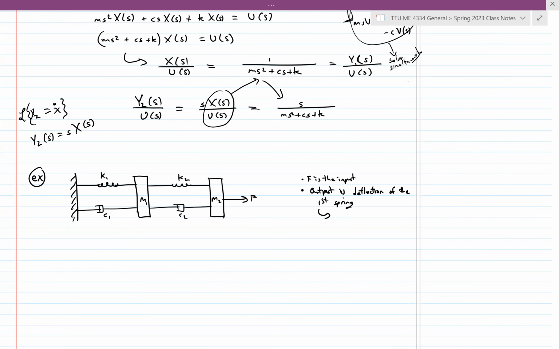But we will adjust this problem later on and say second output is deflection of the second spring. ICs are 0, no friction. Don't worry about gravity or any horizontal motion or any vertical motion. Rather, we're only going horizontally here.